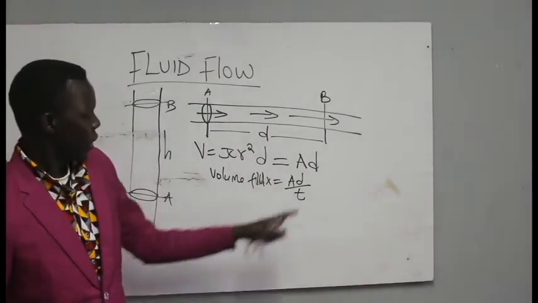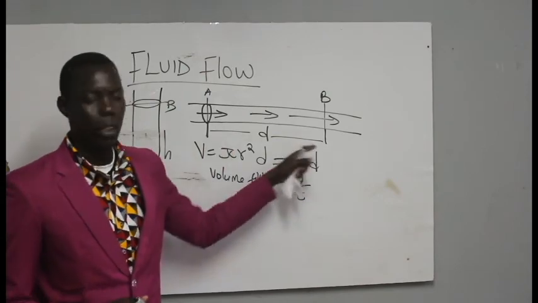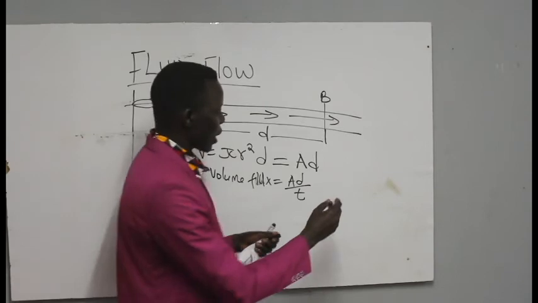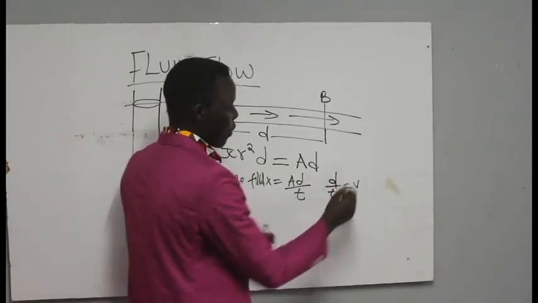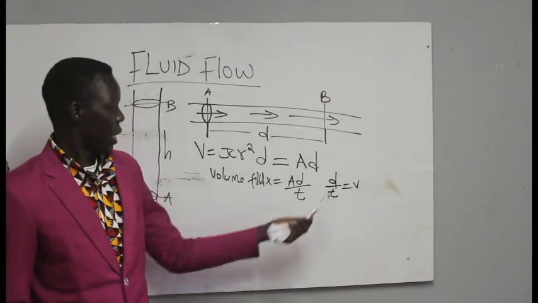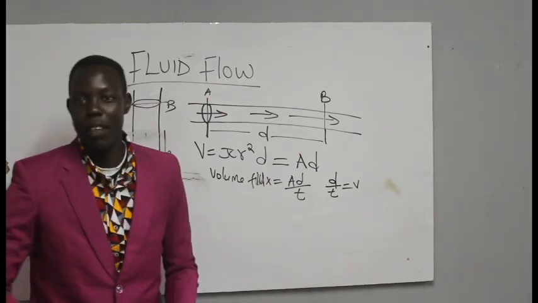But this D is the distance, which I can also say is the displacement. So if I say D over T is equal to V, where V stands for velocity, then I will be correct.